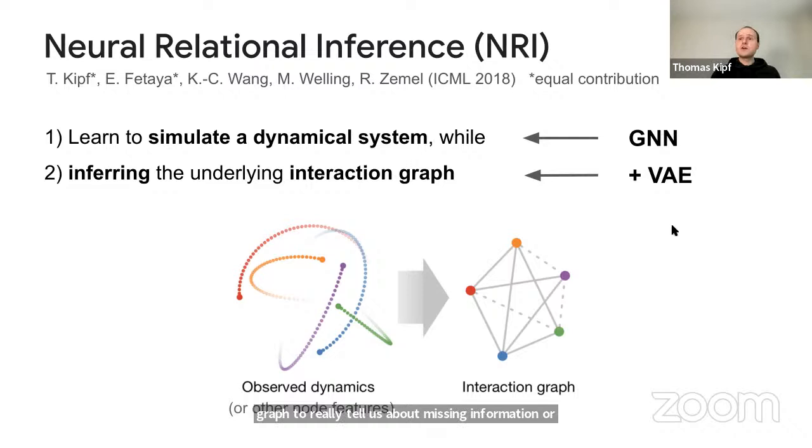And we do that using a variational autoencoder. You have a separate lecture on variational autoencoders later in the winter school, so I'm only going to touch upon the very basics here. But effectively, if you combine these 2 models or these 2 ways of doing inference, you can learn a model that learns to simulate dynamical systems while also telling us something about the underlying structure of the system.